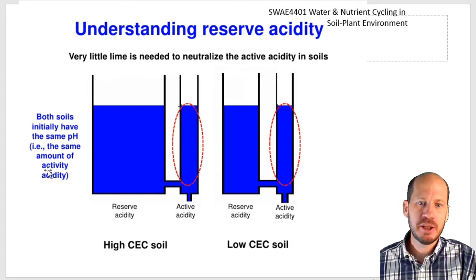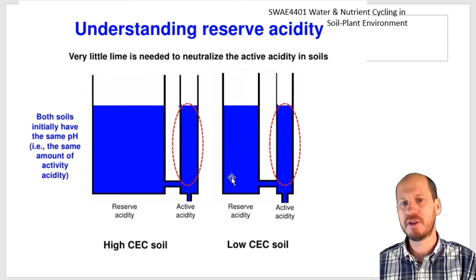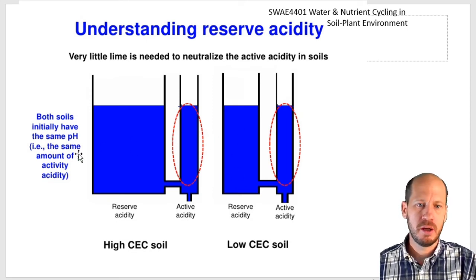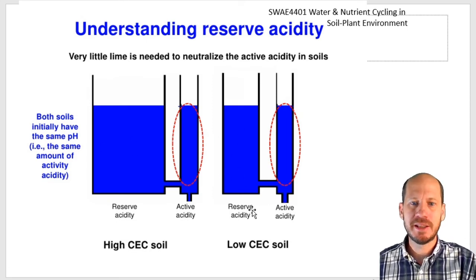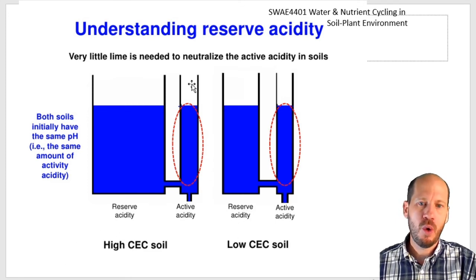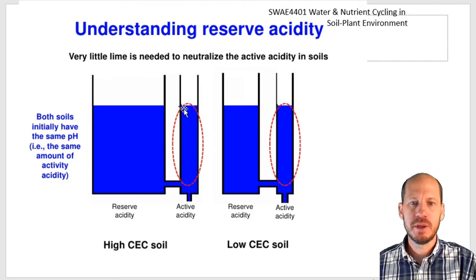If you have a high cation exchange capacity, you have a big reservoir on the solid phase of the soil. If you have a low cation exchange capacity, you have a small reservoir here. What happens when the plant takes nutrients from the soil, or when you wash the soil and remove some ions? You are only removing from the soil solution on the right.